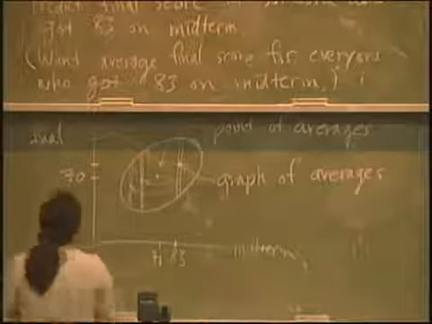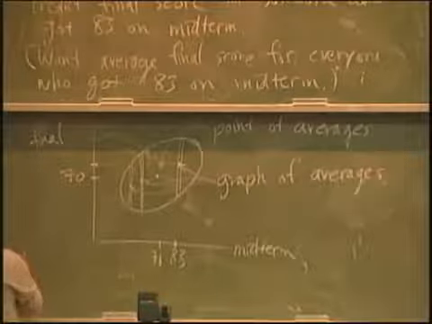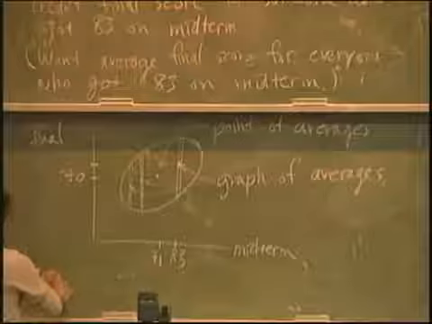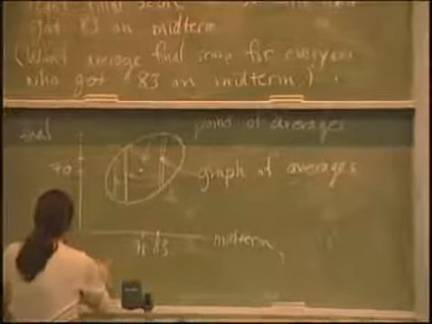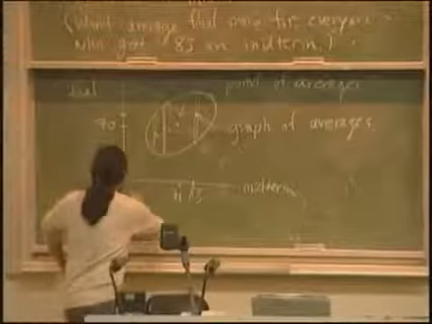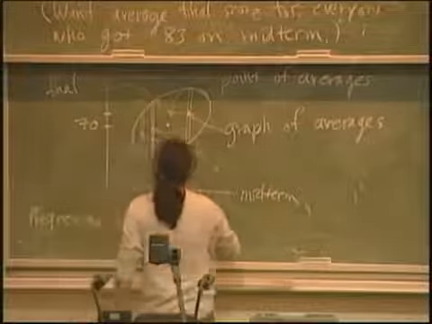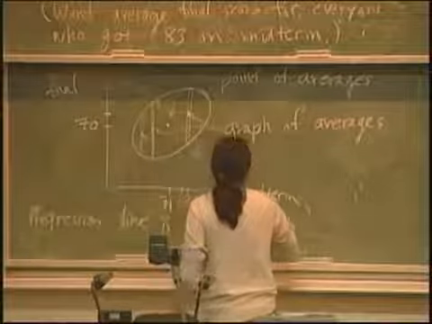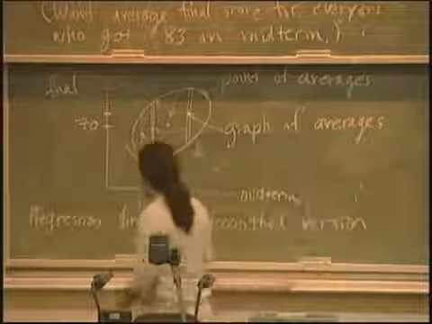And what I said before is that the regression line is a smoothed version of the graph of averages.